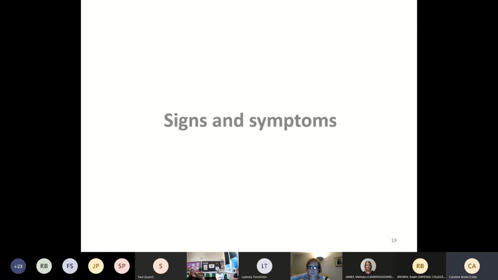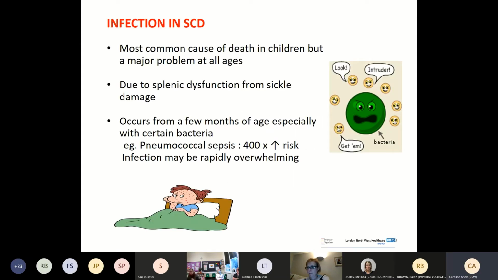Signs and symptoms of sickle cell disease. Infection is one of the most common problems with someone with sickle cell disease, and this is because the spleen of people with sickle cell disease does not work very well, and so they do not develop good immunity, so they are not able to fight infection well.